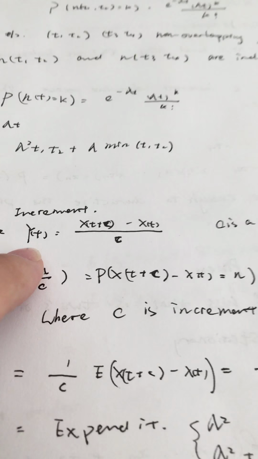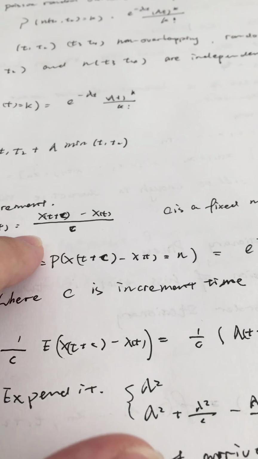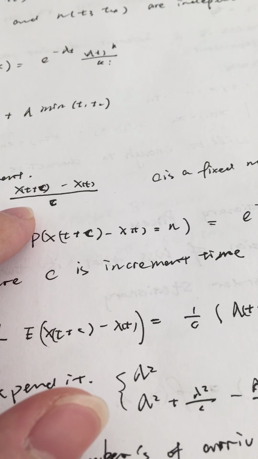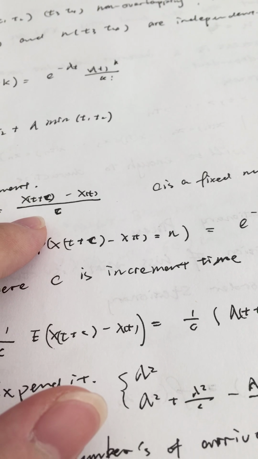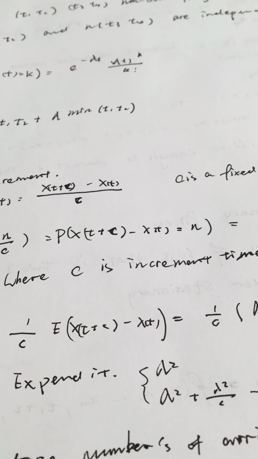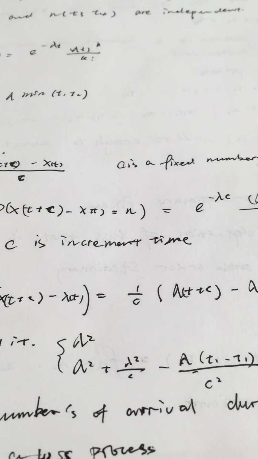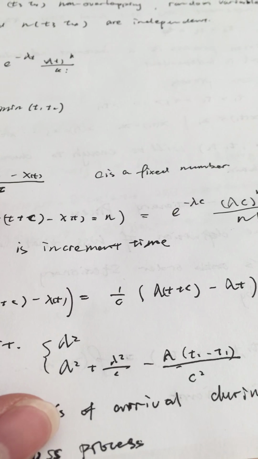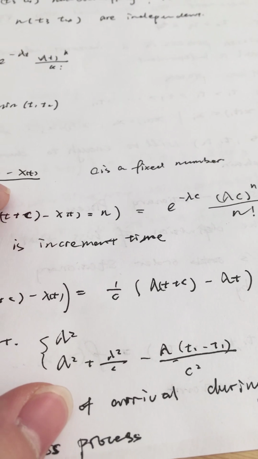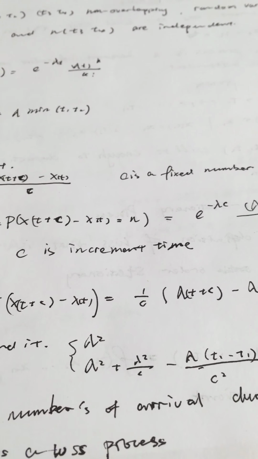Here we define Yt as a new random variable defined by X(t plus tau) minus X(t), over the constant c, where c is a fixed number.